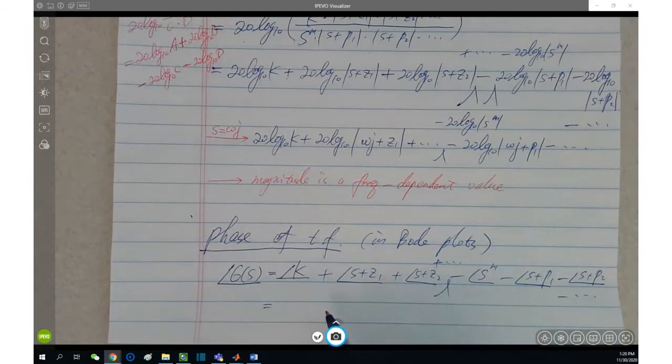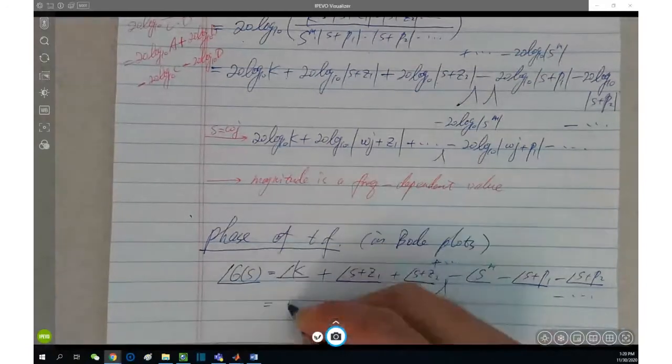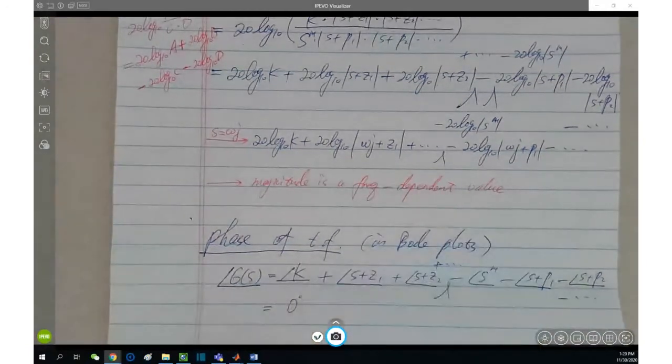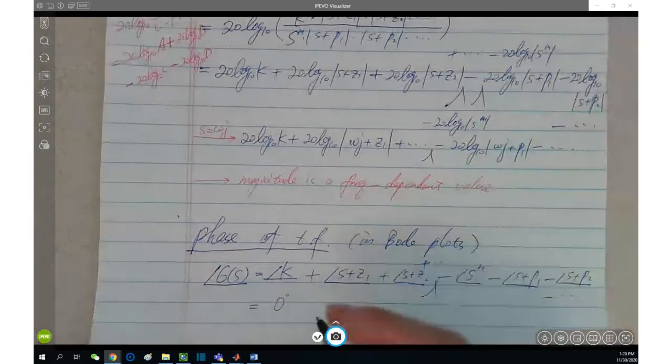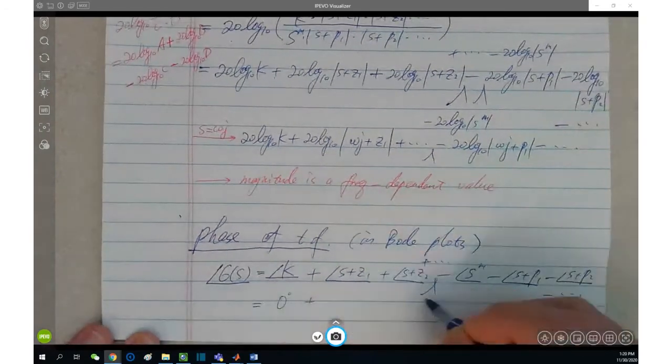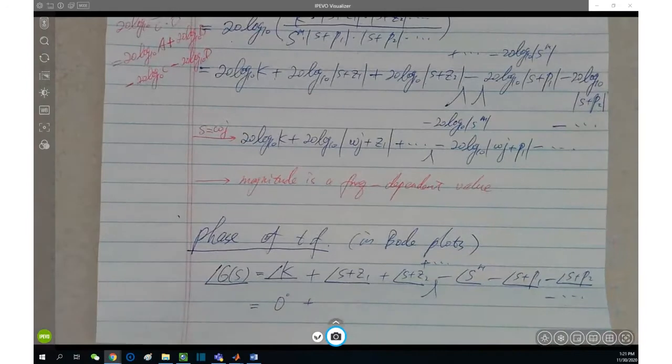Remember? 0. That's right. Very good. So the gain of the transfer function does not affect the phase of the transfer function. And the phase of the rest of the terms is whatever it is, and we generally calculate them by calculator.